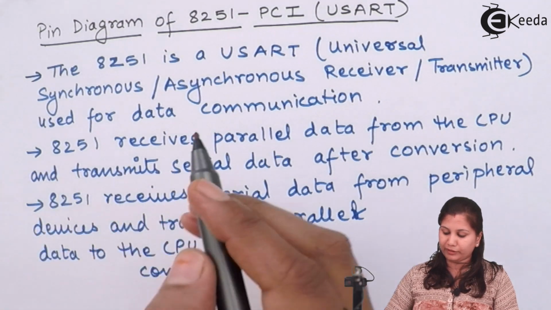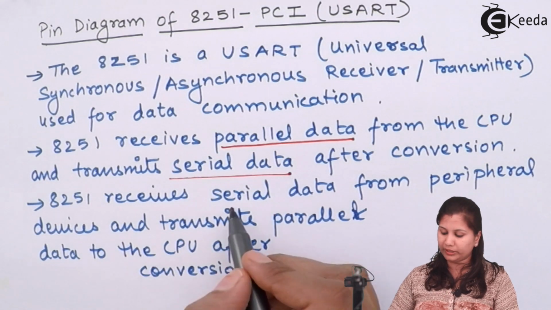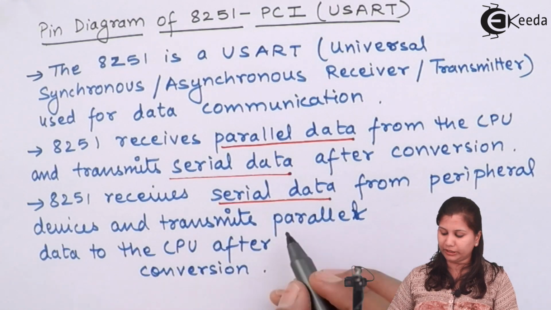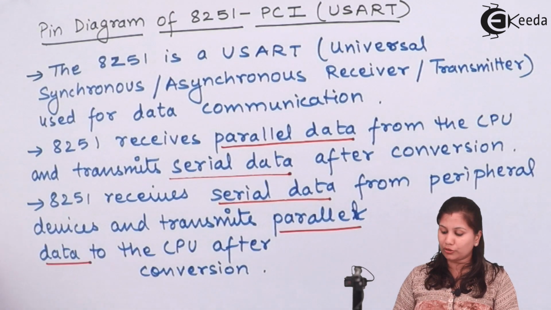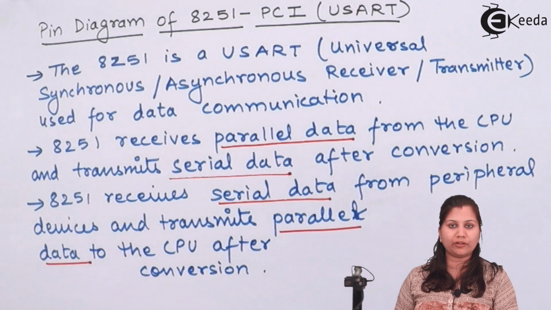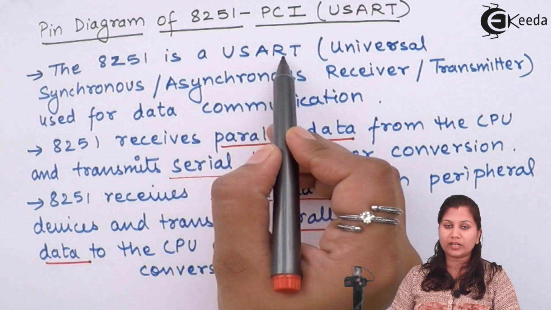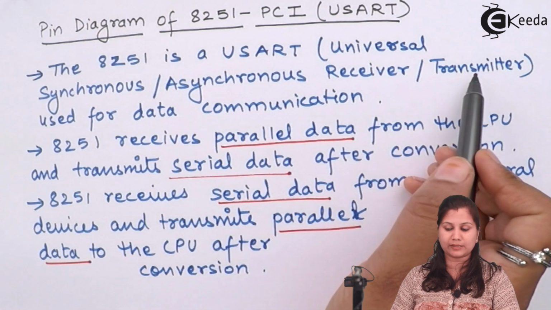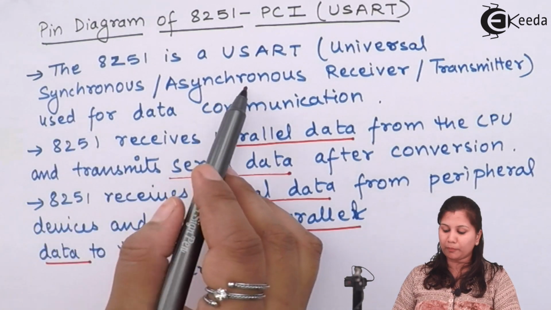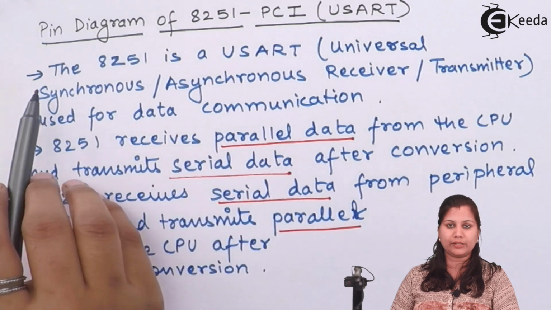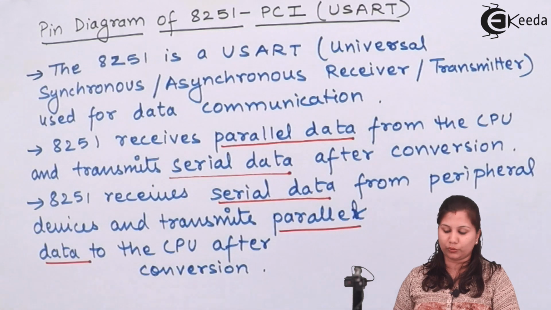So it can perform both types of conversions, and it works as a receiver and as a transmitter also. It is a USART, receiver and transmitter, universally accepted by all the users, and it performs both synchronous and asynchronous data transmission.